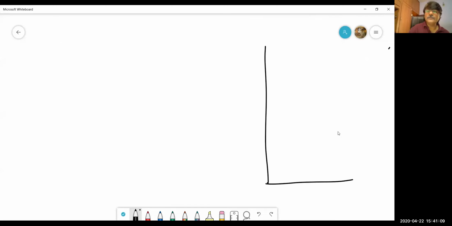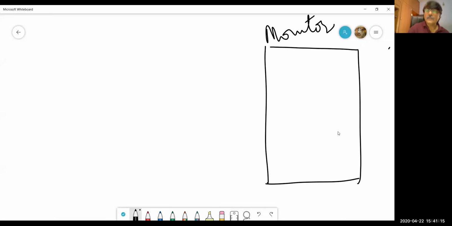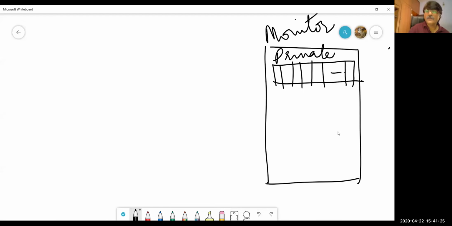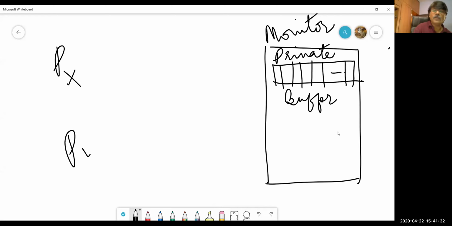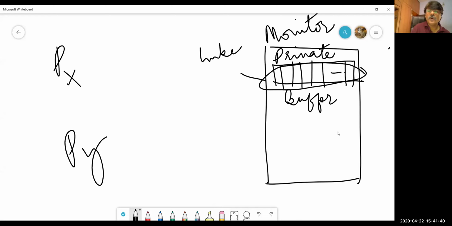So for example, if this monitor is holding the buffer, which is private so that it cannot be accessed by outside resources, process X and process Y will never know how this data structure is implemented, whether it is a linked list, a structure, or an array, whatever it might be.